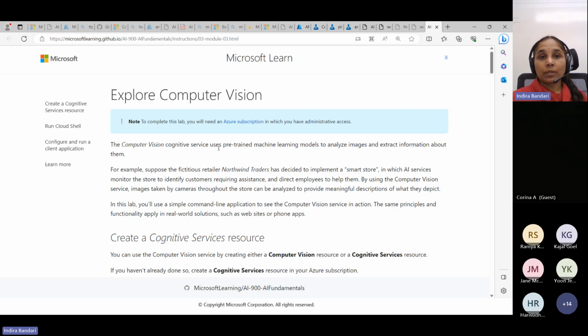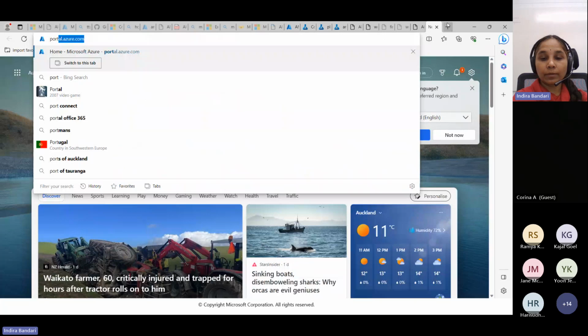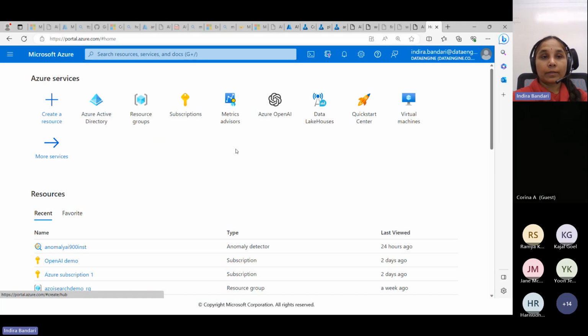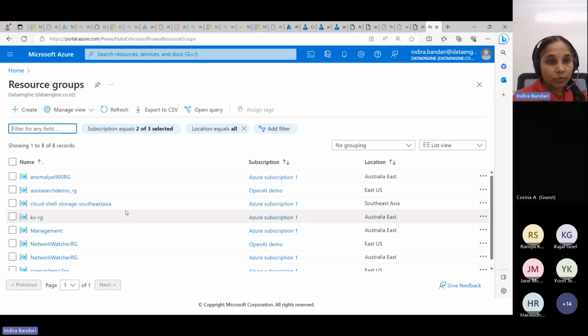Okay, so now we will first go into our subscription that we created yesterday. So I will go into portal again, portal.azure.com, and if you click on resource groups, you must have already deleted some of the resource groups.